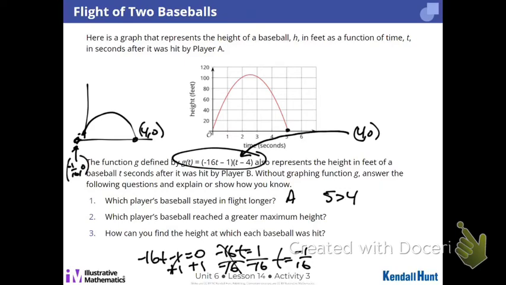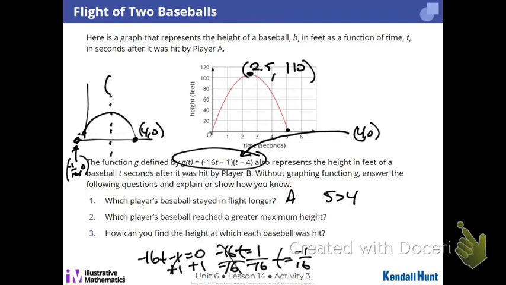So that's my other theoretical x-intercept, back in time. When I'm talking about how high it goes, which one goes higher, that 1/16 probably isn't going to play into the axis of symmetry enough to matter. If we get an answer that's close, then maybe we consider it. But our axis of symmetry should be pretty close to what for my x value for player B? Player A is easy. It's right there, 2.5, let's say.